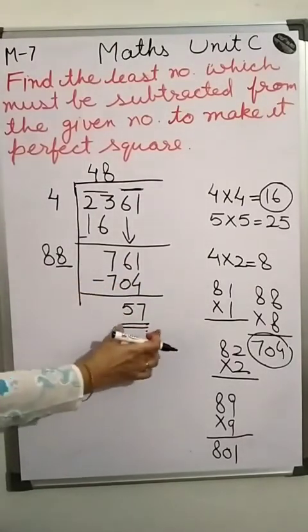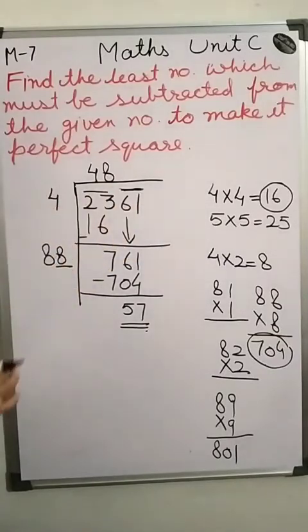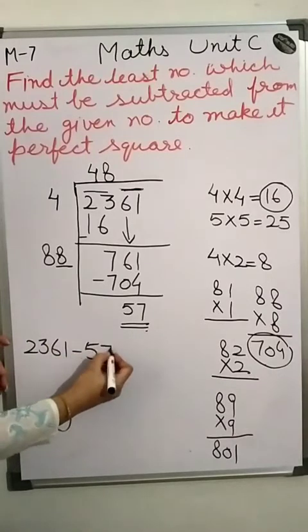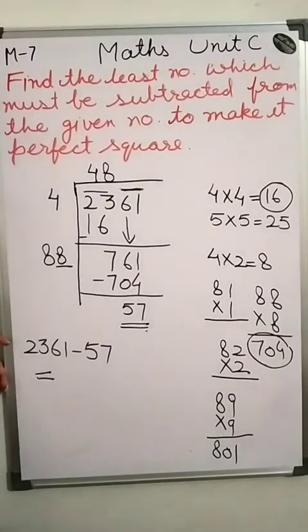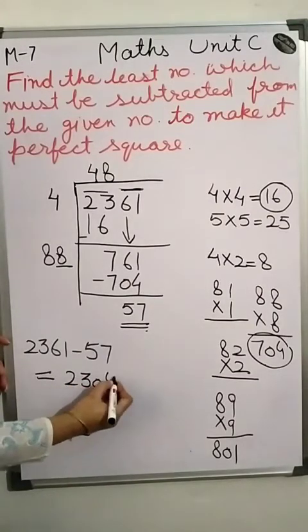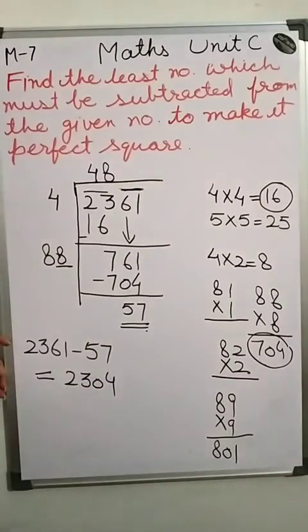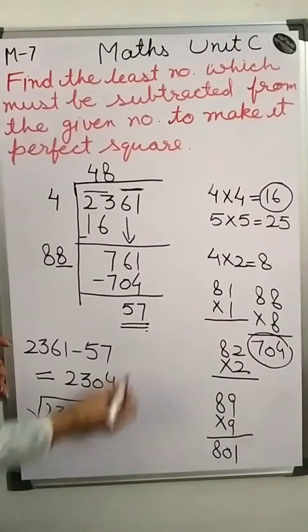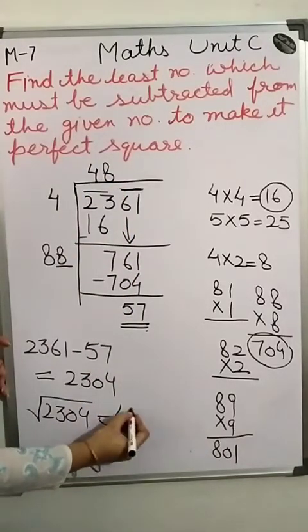If we subtract 57 from this number, the number becomes a perfect square. So the answer is, 2304 is a perfect square. 2304 is a perfect square of 48.